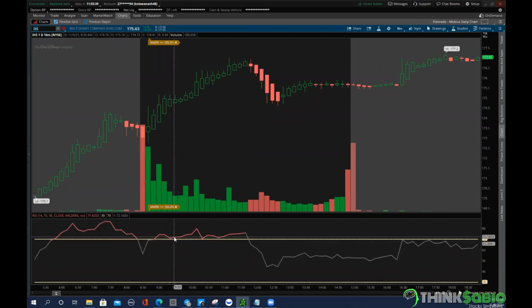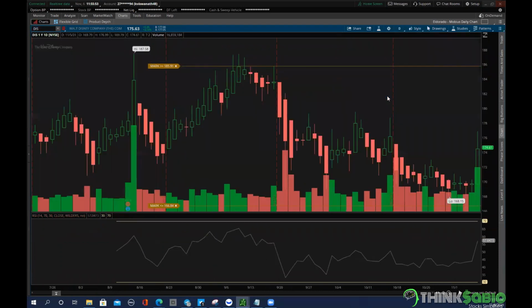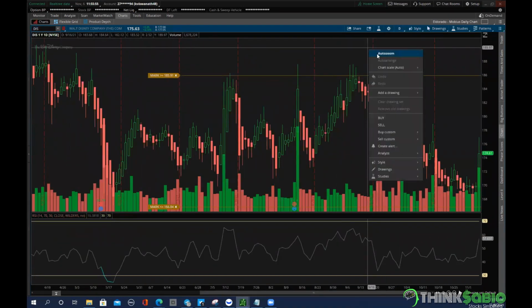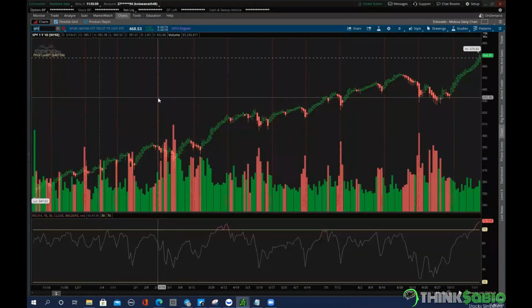RSI itself is not a holy grail, but it can really tell you if it's overbought or oversold. It will give you a good gauge. And then again, the bigger the time frame, the better. Not Disney, but I want to go to SPY.